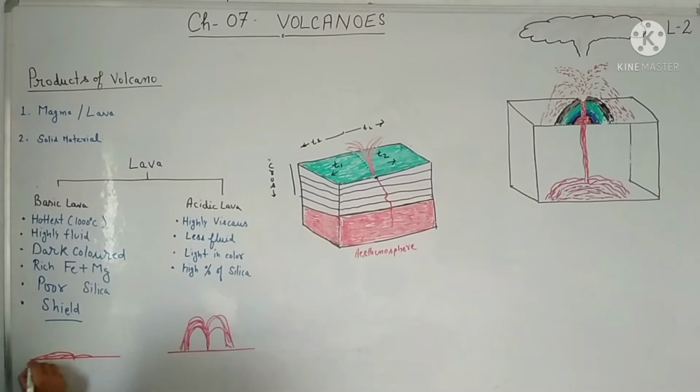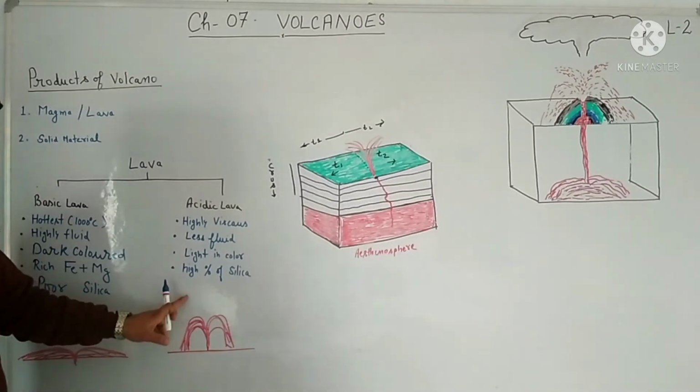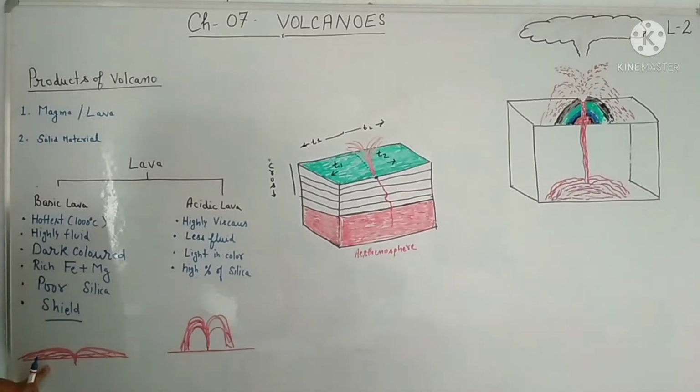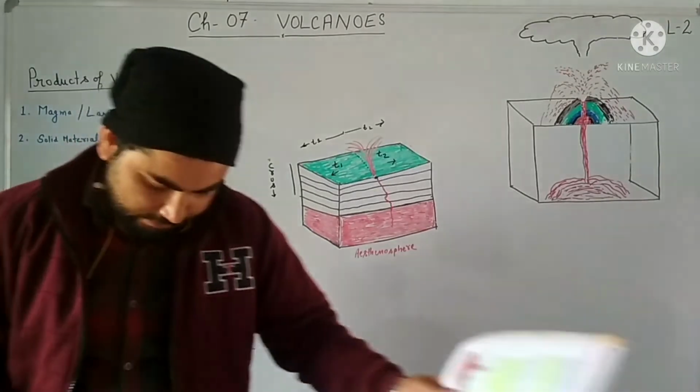Here the cone height will be lesser, and the cone height will be very high in the acidic lava. It will lead to the formation of a volcanic shield. So this was about the lava.